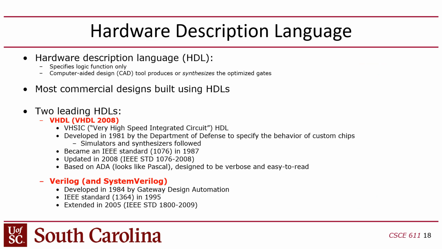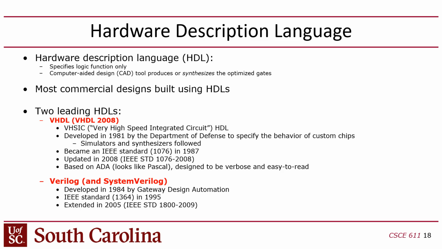I mentioned there are many hardware description languages, but there are two that are the most common ones by far. You would think, if you think about how many programming languages there are and how many new ones are always coming out, like when I was in undergraduate school, actually even when I was in graduate school, Python didn't exist. Java was brand new.